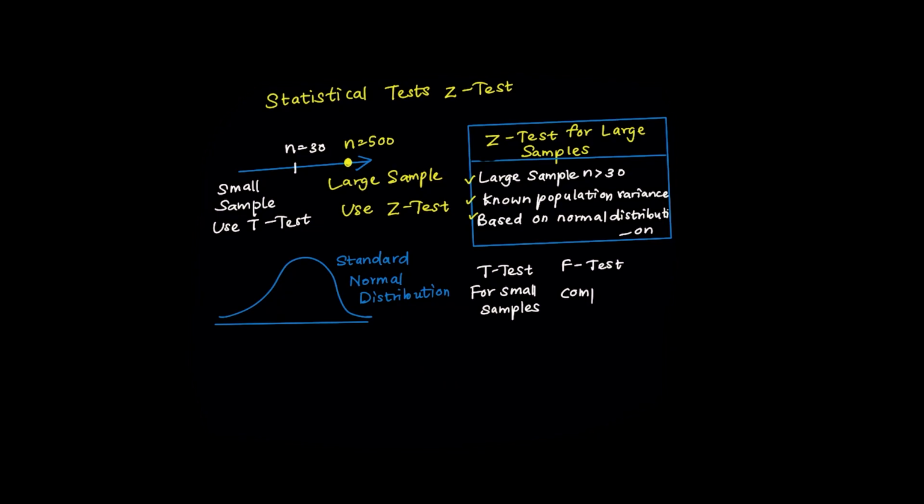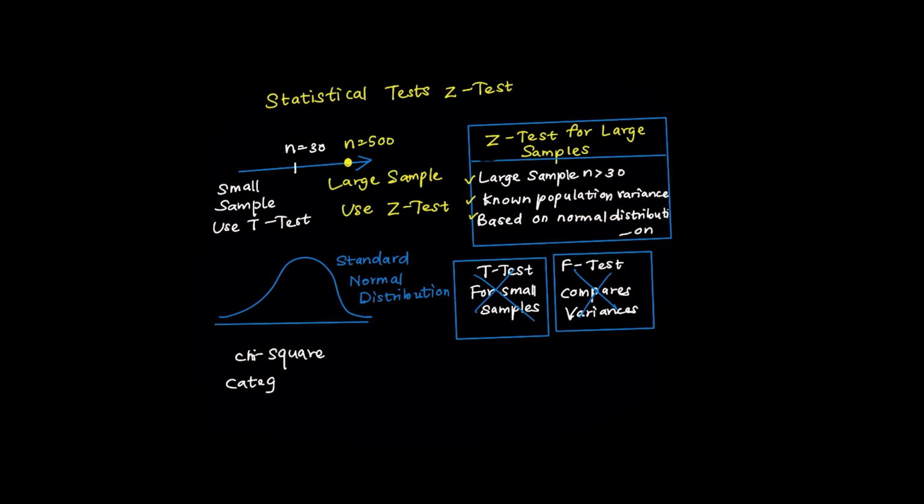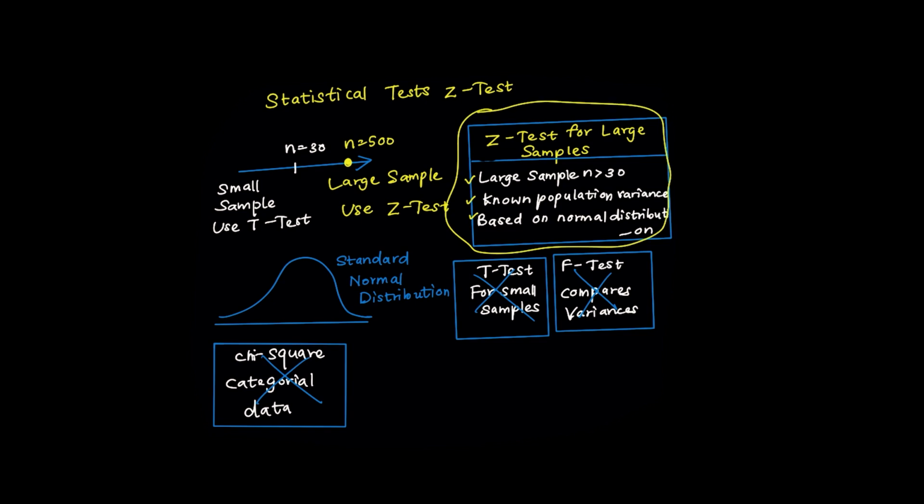F-tests compare variances between populations, asking if they're equal, not testing for significant differences from expected values. Chi-square tests examine associations between categorical variables, completely inappropriate for numerical data and hypothesis testing about means. The key decision factors are large sample size and known variance, both pointing clearly to the z-test.